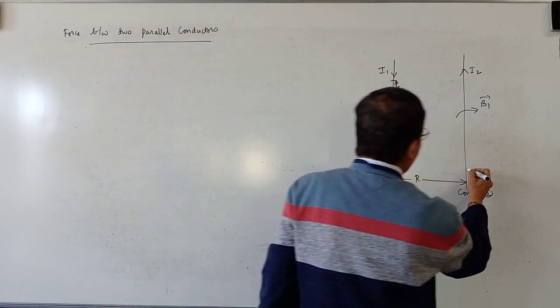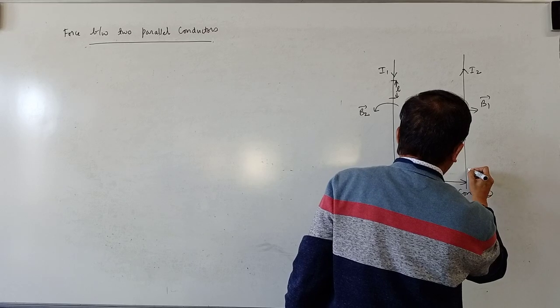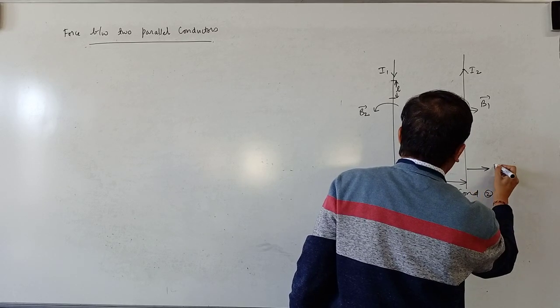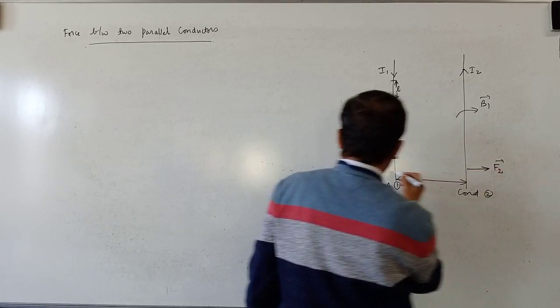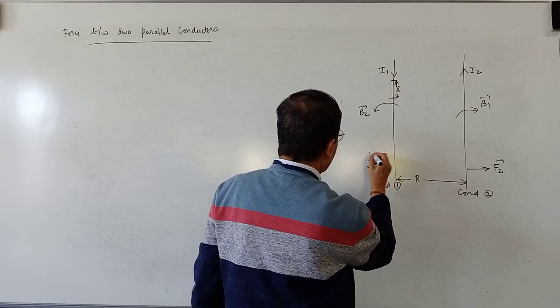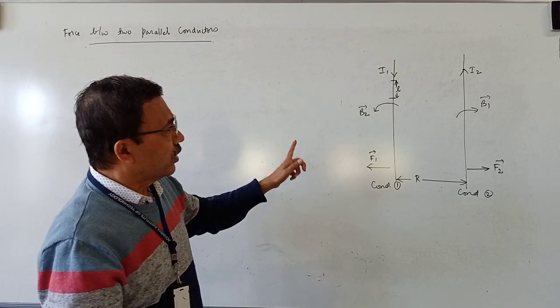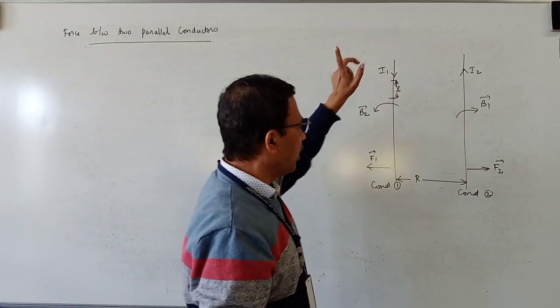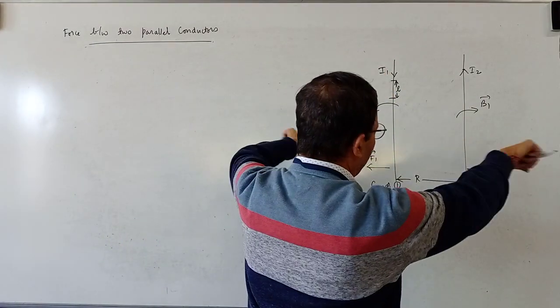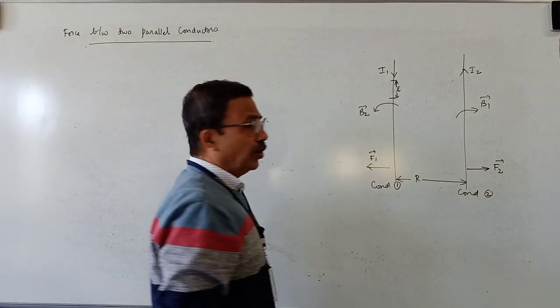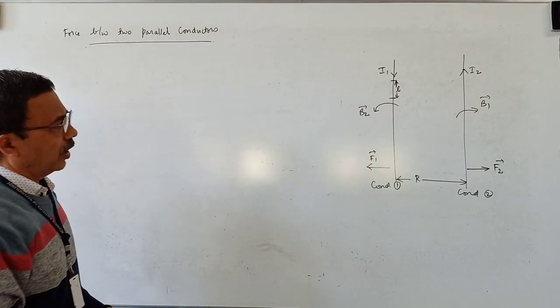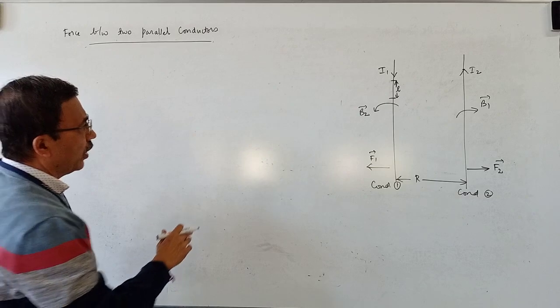This is the direction of vector F2 and this is the direction of vector F1. Please note that when the currents flow in the opposite directions, the force is repulsive, quite opposite to that of Coulomb's law. I am going to write now.